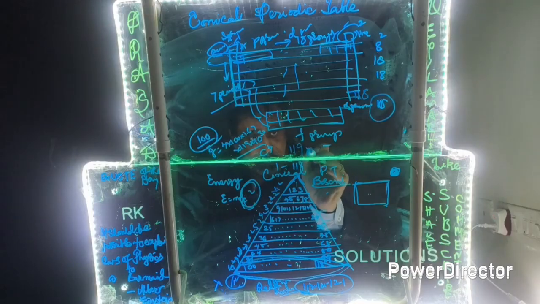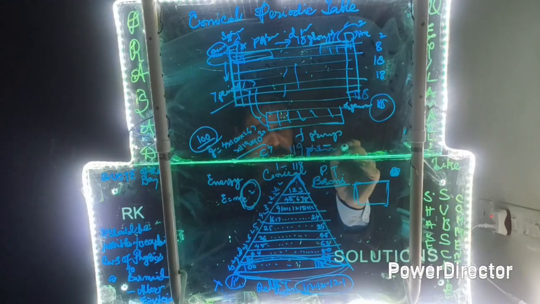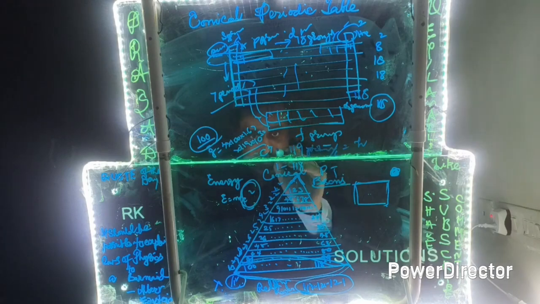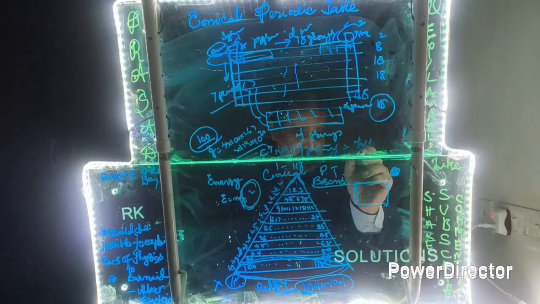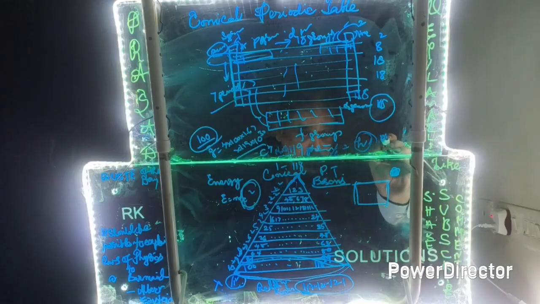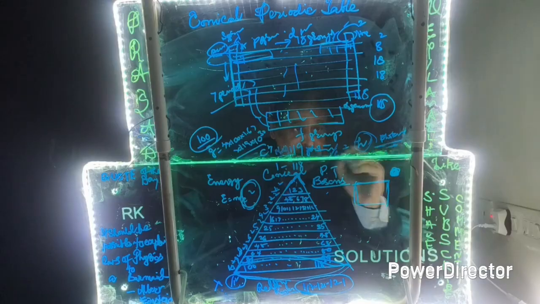The mass of 119 protons by C gives you the photon, the discrete packet of energy, which we basically call quantum. Right? This is the quantum.